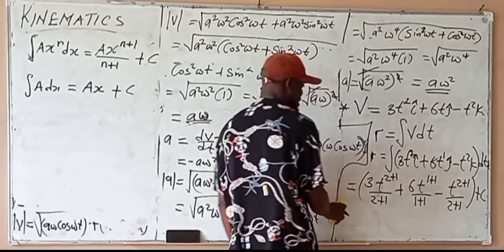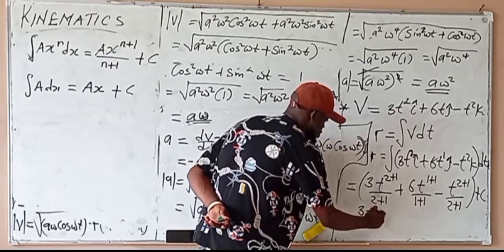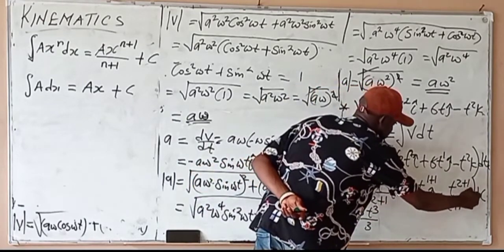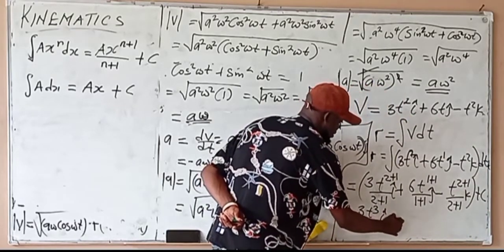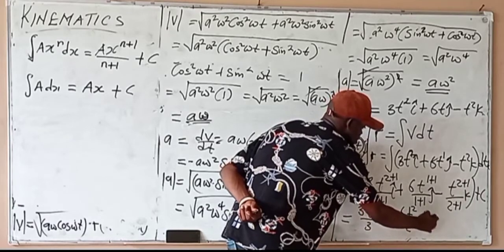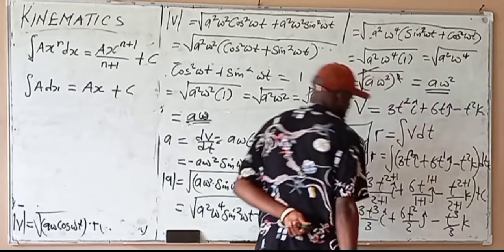So we're going to have 3t cubed over 3 i plus 6t squared over 2 j minus t cubed over 3 k plus c.